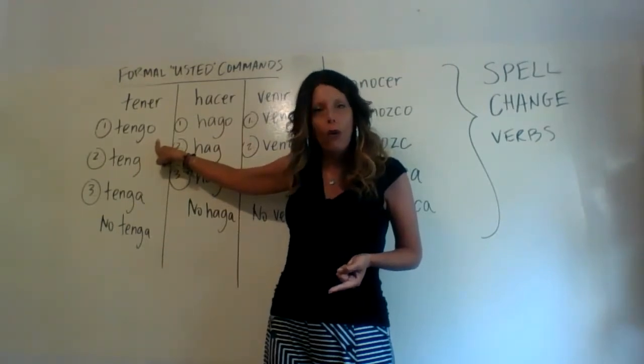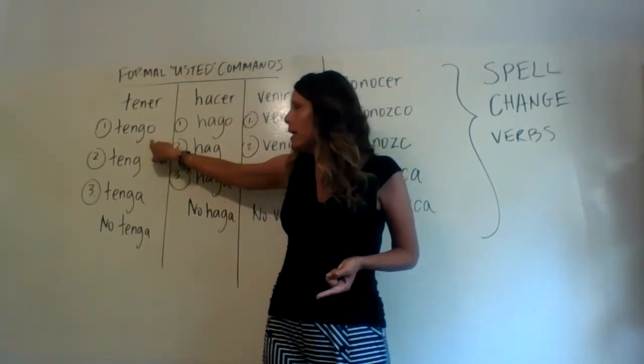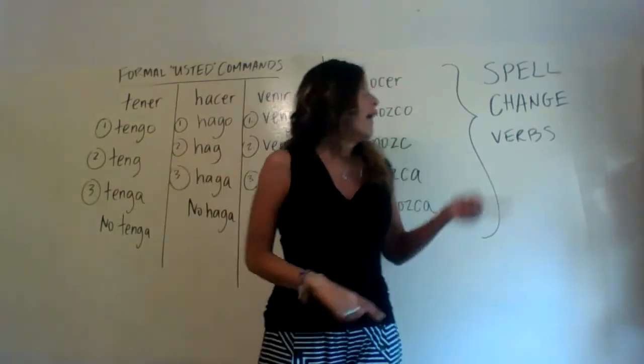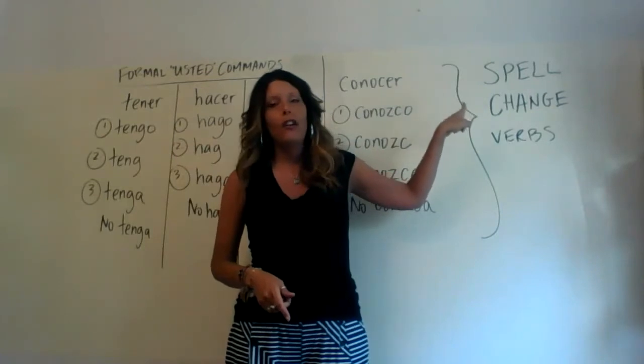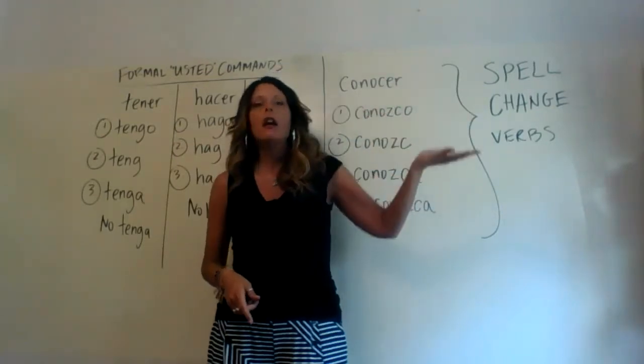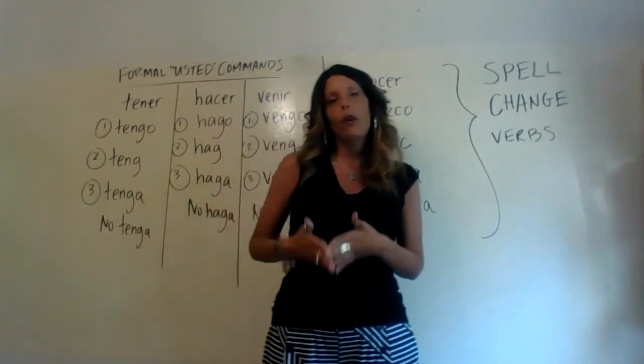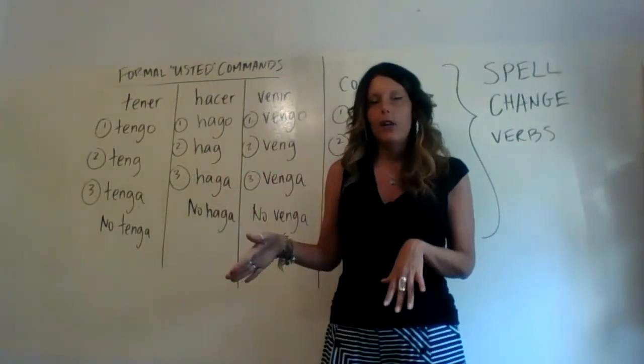It's tengo. And so just by seeing that unexpected G, what do you know? You know that you have a spell change verb on your hands. And that distinction of what categorization it is will be important, if not now, definitely later with future things that we will be doing.